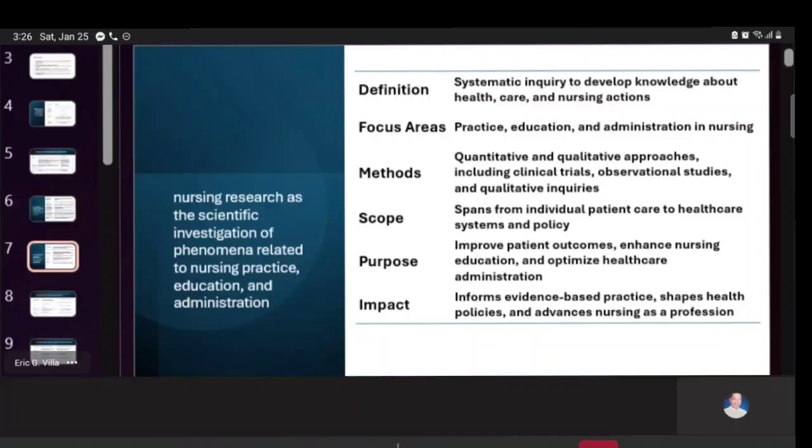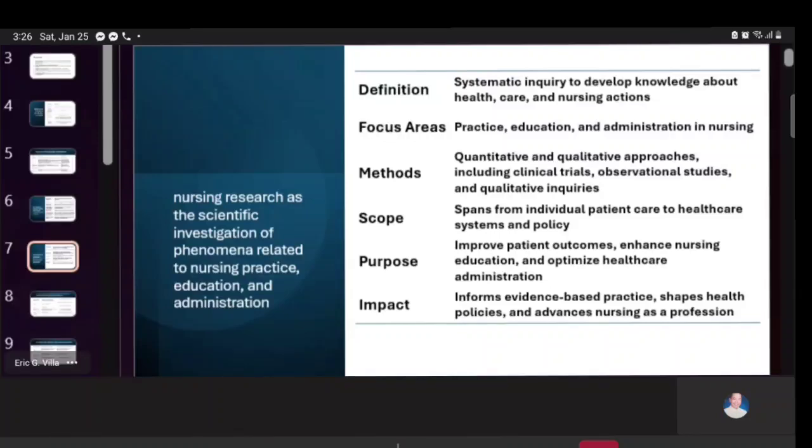When it comes to nursing administration, research can explore topics such as staffing models, leadership strategies, and even organizational factors that influence patient outcomes. These studies contribute to improving healthcare delivery systems and policies. Nursing research employs a variety of methodologies that include quantitative and qualitative approaches.